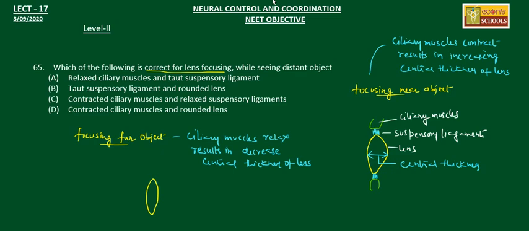Here you can see the suspensory ligaments and the ciliary body connected to it. You can see in this case the central thickness is reduced.